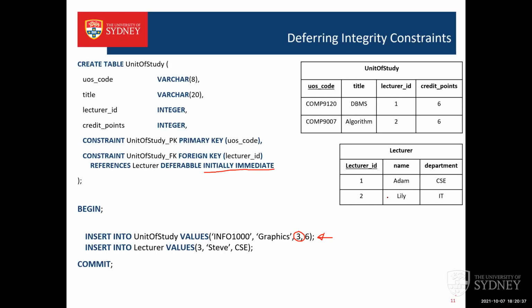What will happen? Definitely there will be an error, because we are checking after every statement. That's what is written here, initially immediate. After executing every statement, we check whether this is right or wrong. This is definitely wrong, so the system will return an error in this case.